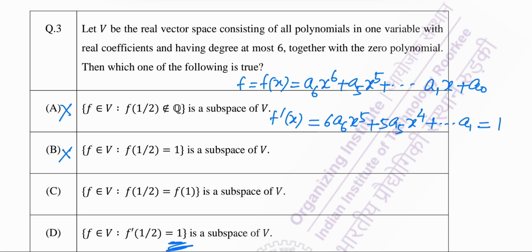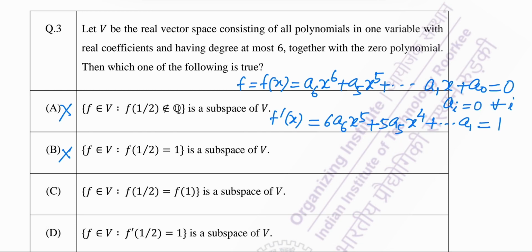So again the same, you have to check whether 0 lies in this subspace or not. For that, if you equate this to 0, then a_i will be 0 for all i.